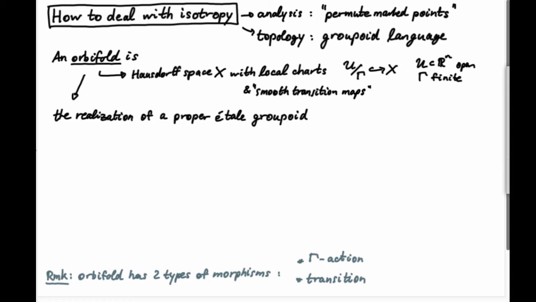So, let's see. What is a groupoid? A groupoid is a category with an object space and morphisms, and it's a groupoid because all morphisms are invertible.